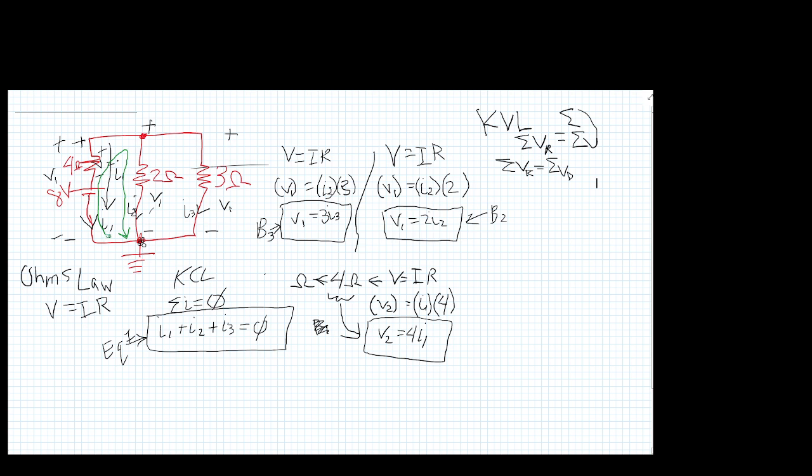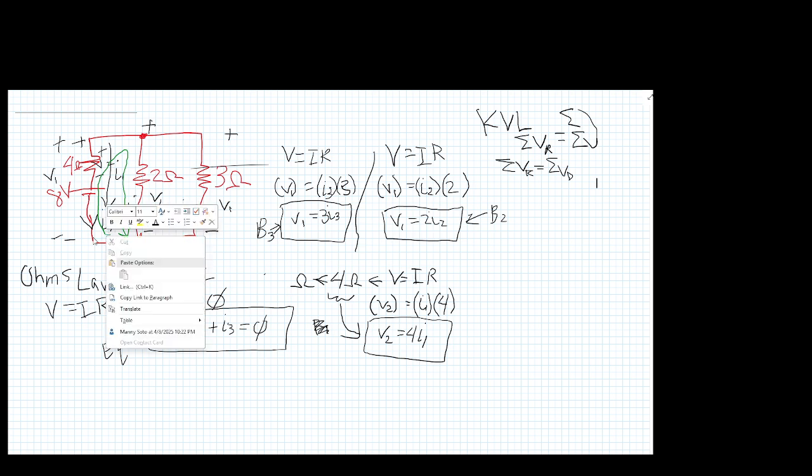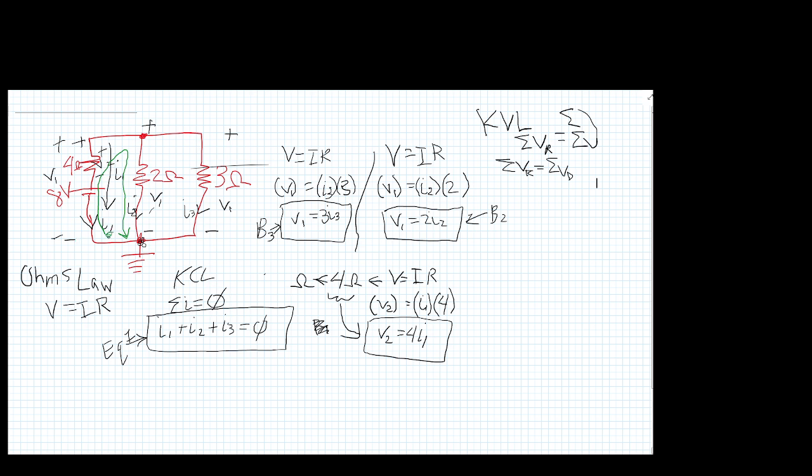So basically our trip starts down there, and we encounter one voltage rise. And remember, the positive part of the terminal is positive. The smaller part is negative. So we have a rise, and this is 8 volts.